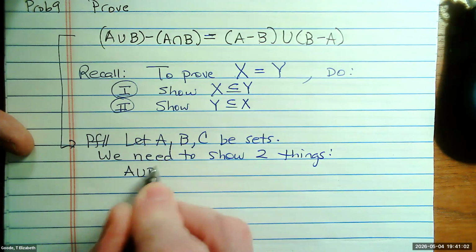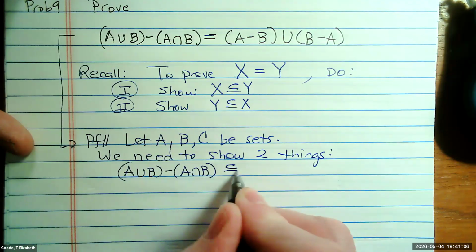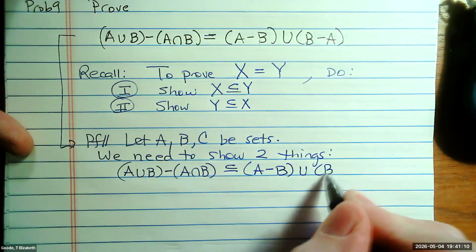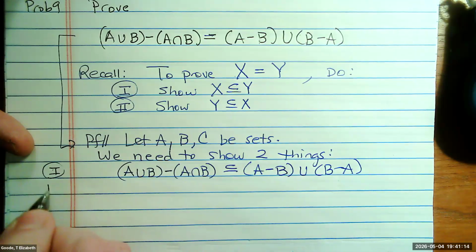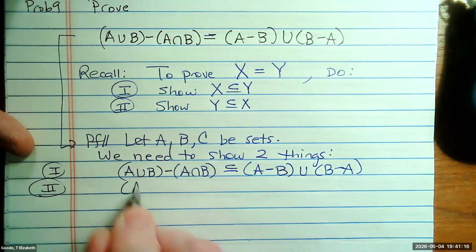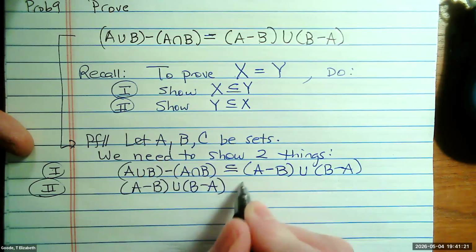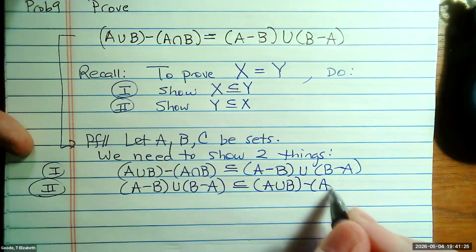(A union B) minus (A intersect B) is a subset of (A minus B) union (B minus A). That's one. And then we have to turn around and show that (A minus B) union (B minus A) is a subset of (A union B) minus (A intersect B).